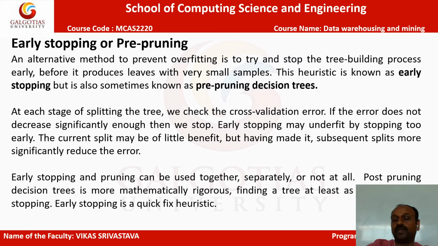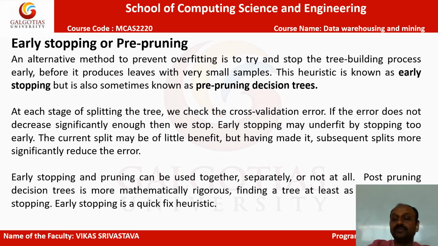then we stop there. From there itself, no leaf will be created, and that early stopping may underfit by stopping too early. So the current split may give little benefit, because at each and every level you are checking the errors, and on the basis of the error you stop growing more.